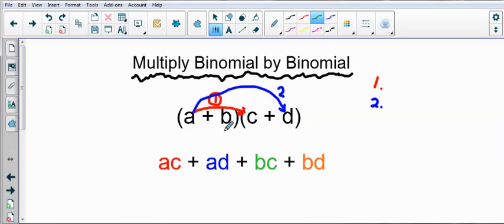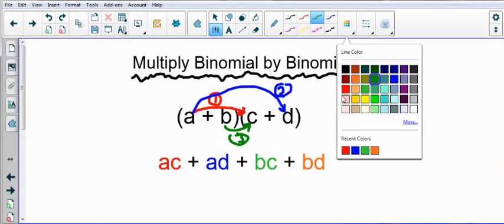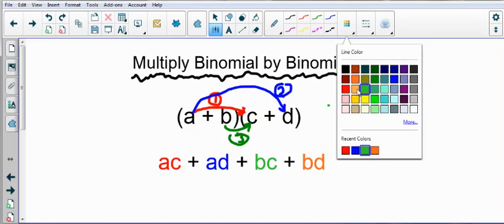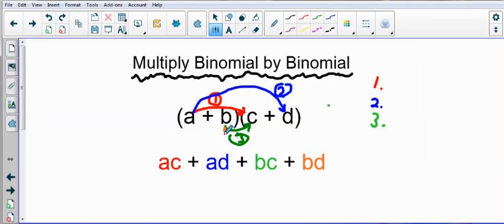The third thing we did was take b times c. And then finally we did b times d, which is the fourth thing.